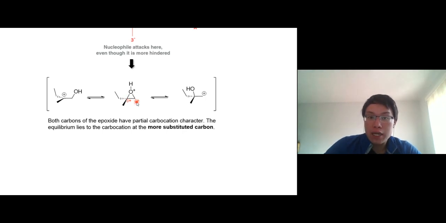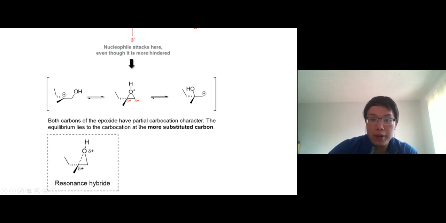Both of them are partial positive, but they are not equal. One of them is more positive than the other. Right, in the solution, we can draw kind of a resonance. It's not really a resonance, but you can draw the resonance right here, left and right, with positive charge on the more substituted carbon and positive charge on the less substituted carbon. Okay, both are positive, but one of them is more positive than the other, and here's the reason why.